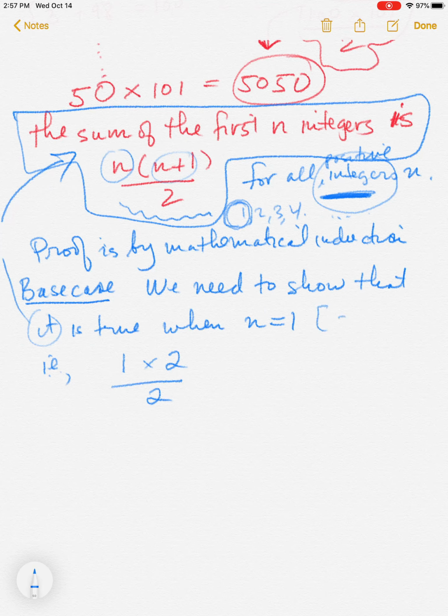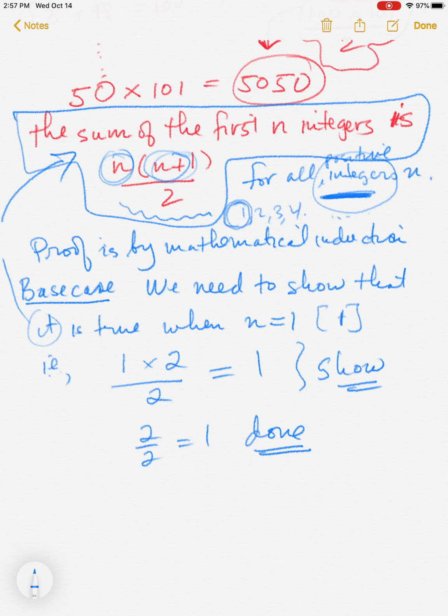It's 1, right? There's only one integer, so it's 1. So what we need to show is that 1, when n is 1, times 1 plus 1, which is 2, over 2 equals 1. Well, that's not hard to show, right? Because 1 times 2 is 2 over 2 equals 1. Done.